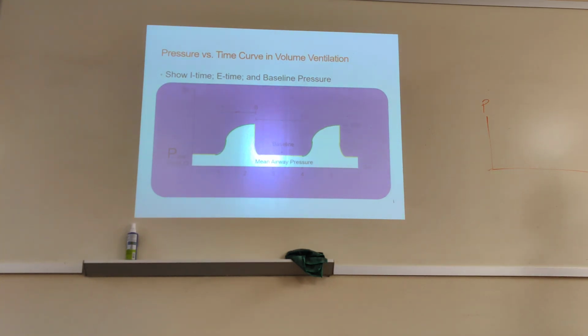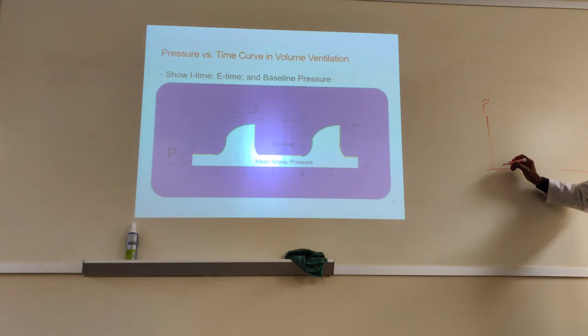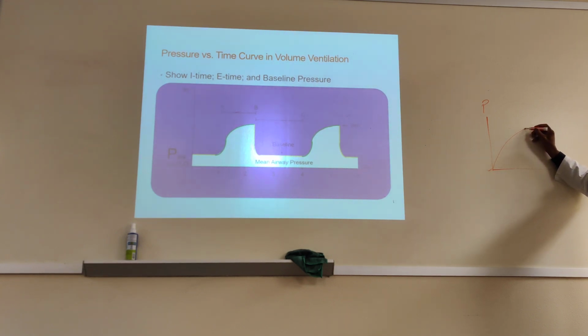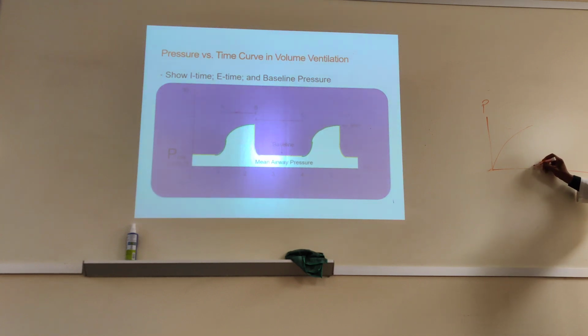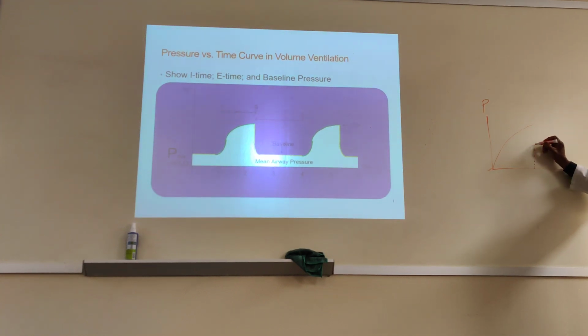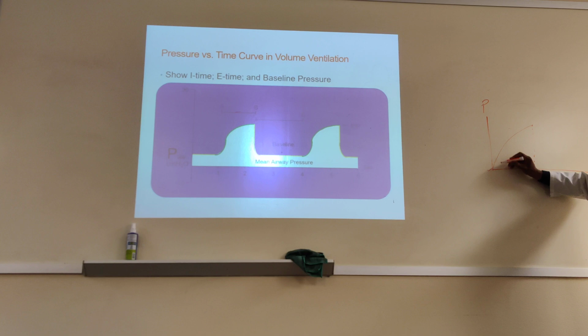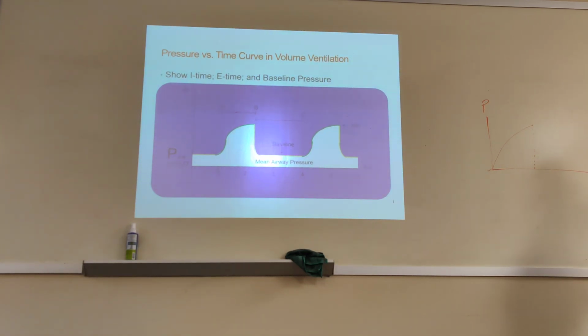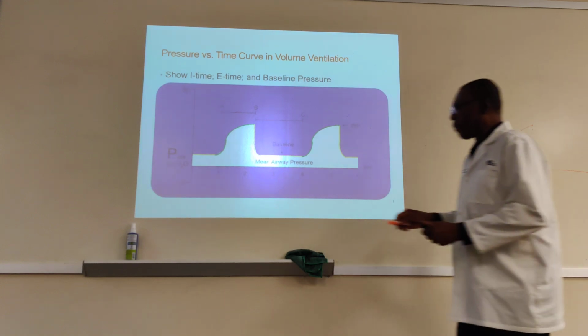So what happens is that at the beginning of inspiration, pressure rises over time. Here's your inspiratory time here. And as pressure rises, the volume increases until you get to the PIP.